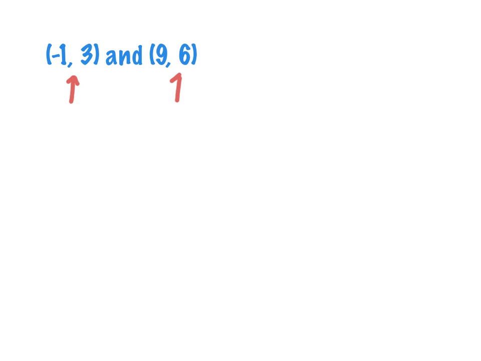And this is going to be our second point. What we do first is we list out the values of x1, which is negative 1, y1, which is 3, x2, which is 9, and y2, which is 6. It just goes from left to right: x1, negative 1, y1, 3, x2, 9, y2, 6.